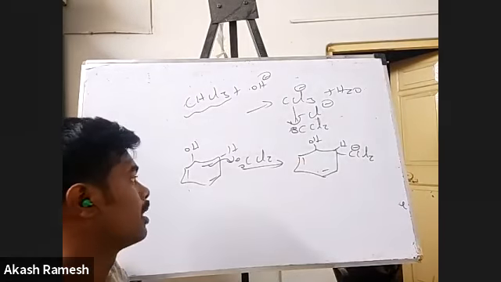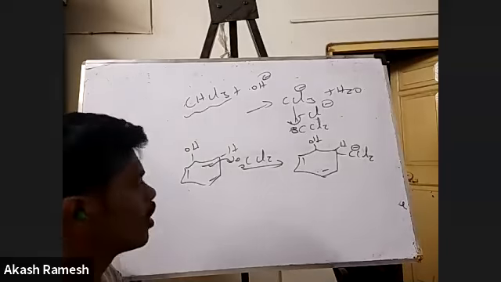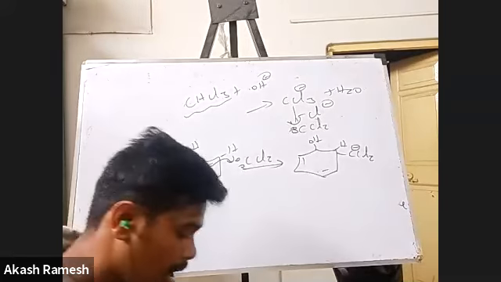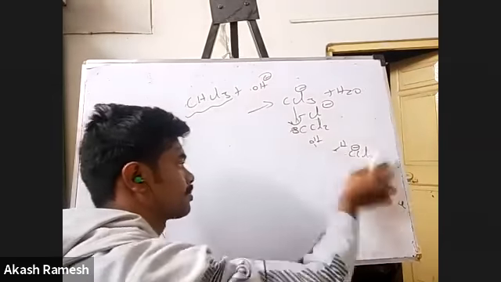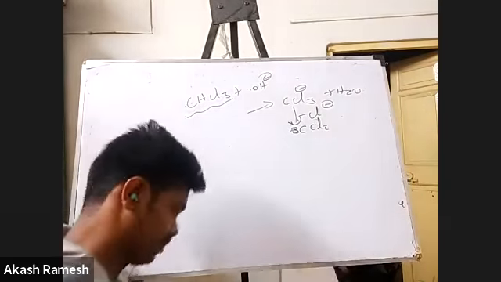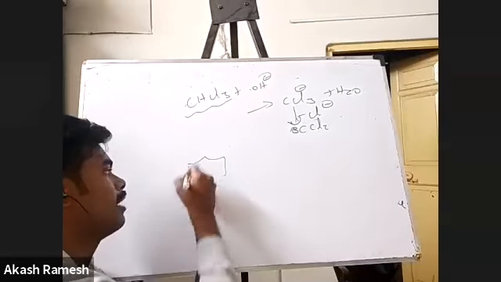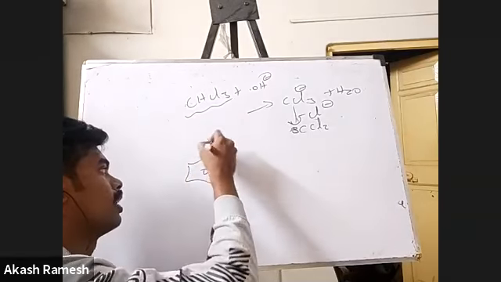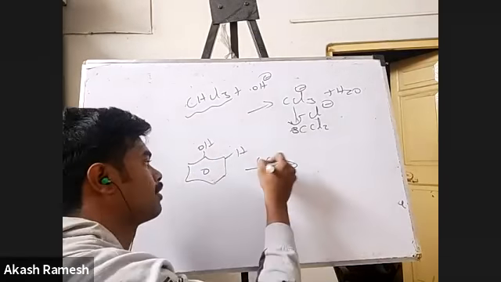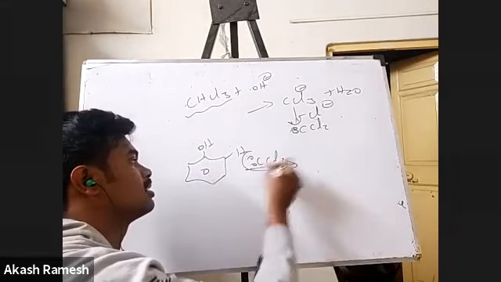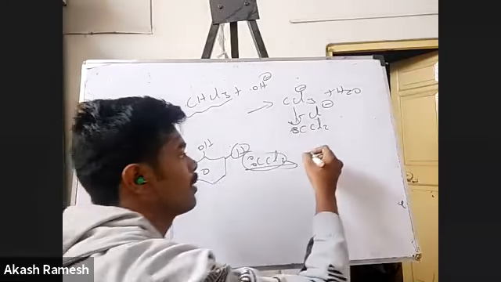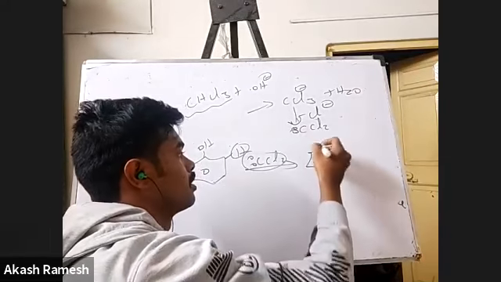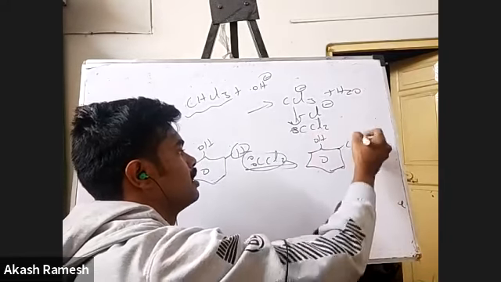Or if you don't want to confuse yourself, you can look at it like this: say I have my OH and H. Now if I put CCl2, this CCl2 is going to replace this H. Assume it like that. So I have CCl2.